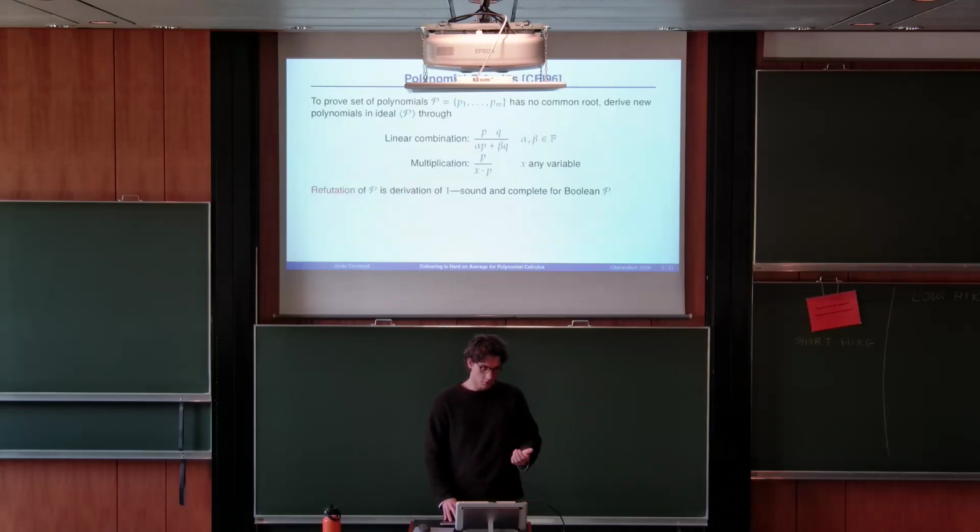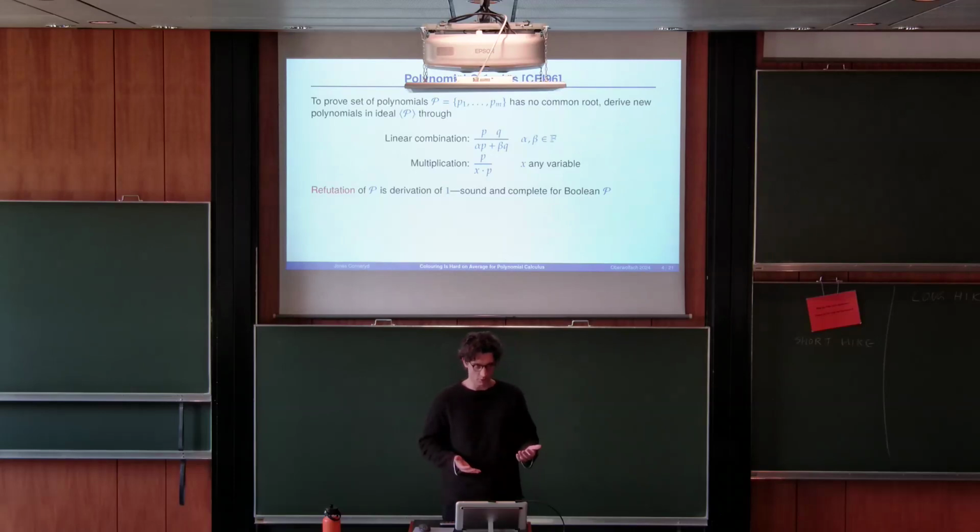So let's just introduce polynomial calculus formally. Again, most of you will have seen this before. Polynomial calculus is a proof system that proves that a set of polynomials has no common root. And the way it does this is just by deriving new polynomials in the ideal generated by the input through either linear combination or multiplication.